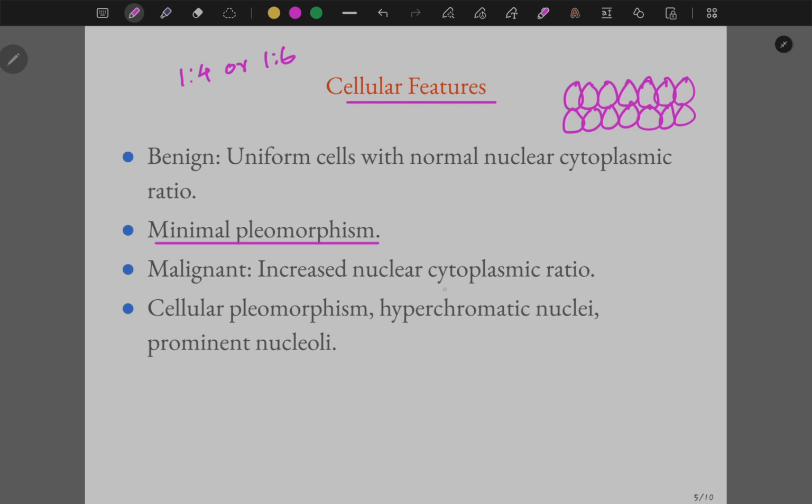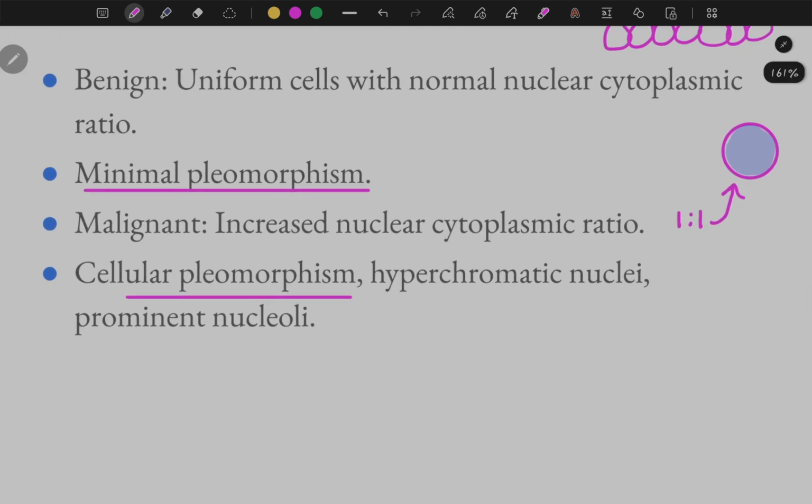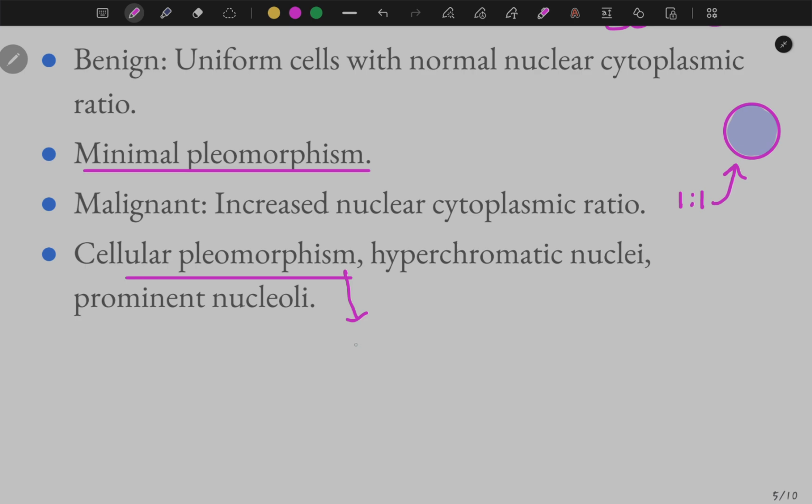While malignant tumors have an increased nuclear cytoplasmic ratio, sometimes reaching 1:1. Suppose this is the cytoplasm; in some cases the nucleus can reach a size similar to the cytoplasm. Cellular pleomorphism is an important feature. Pleomorphism means variation in size and shape.